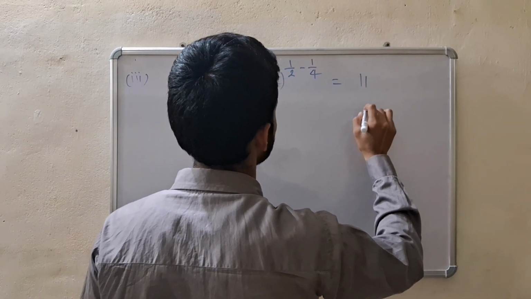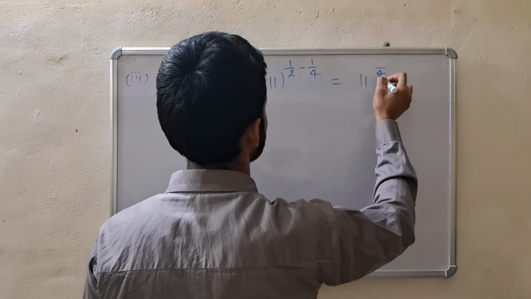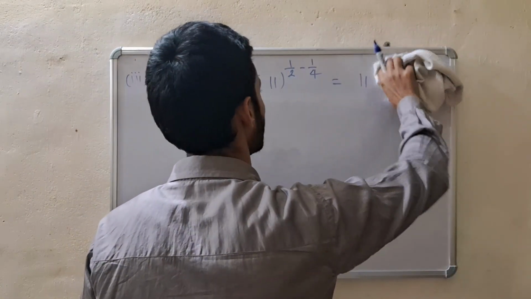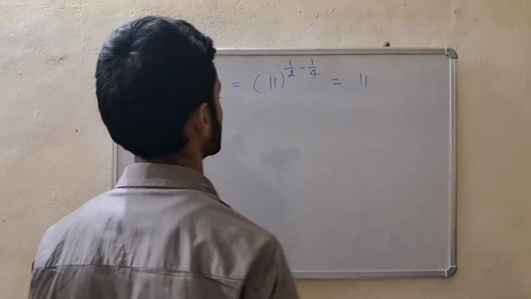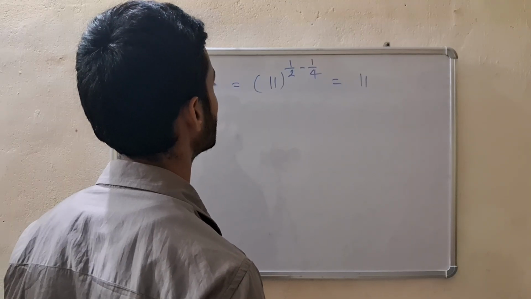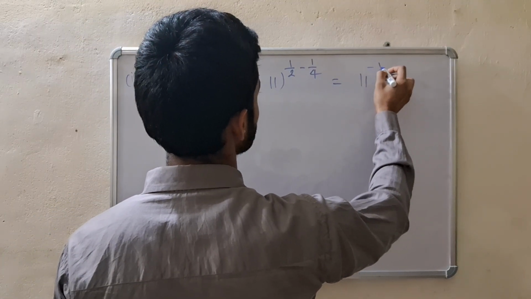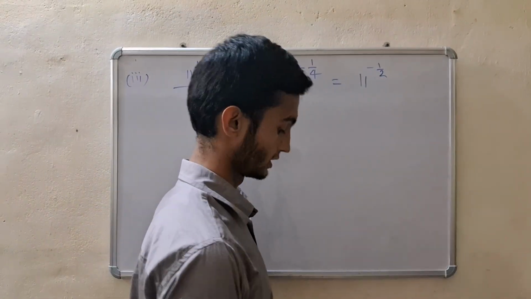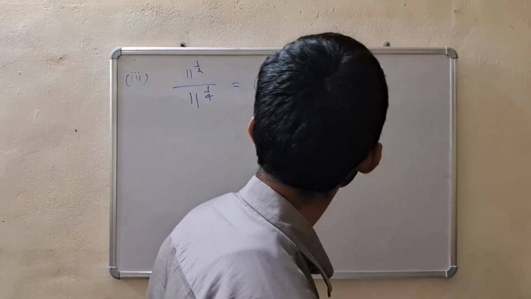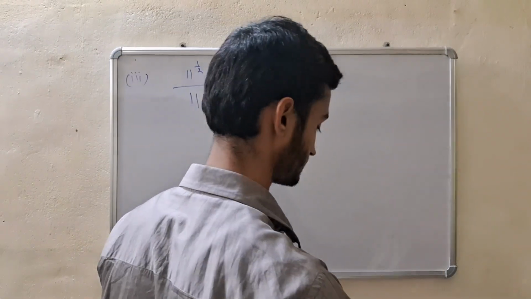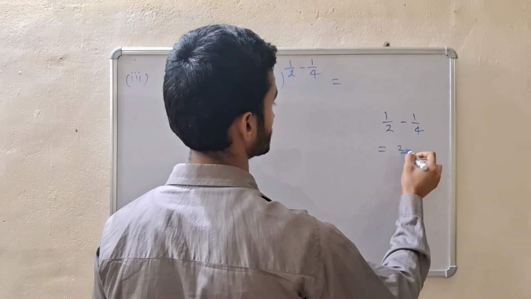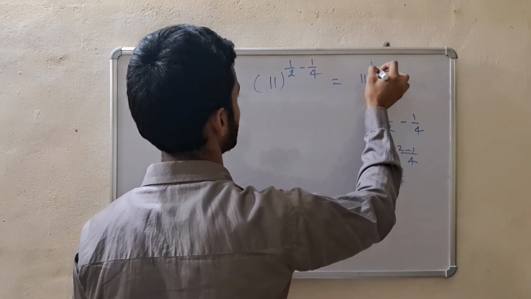So 1/4 is half of a half, so it is going to be 1 upon 4. It is going to be 11 to the power 1 upon 4.